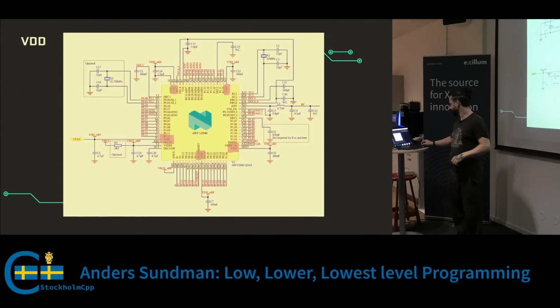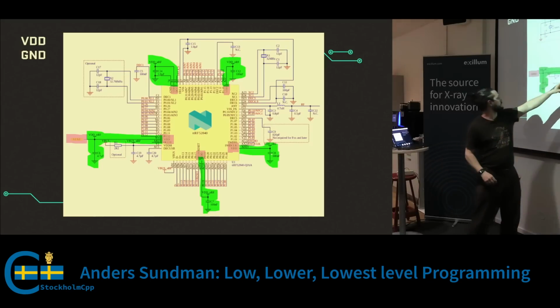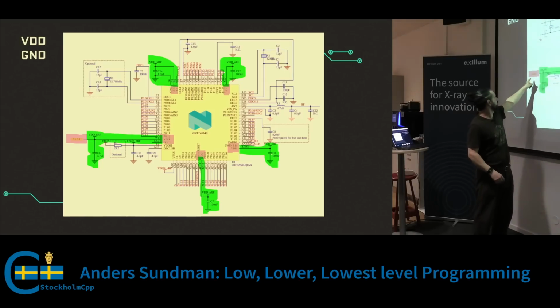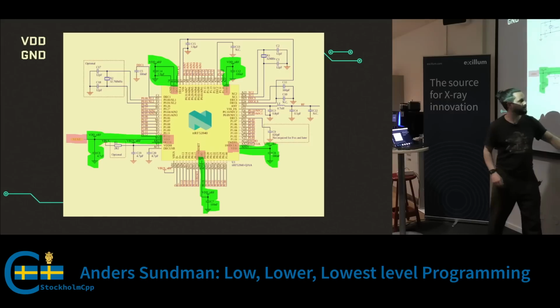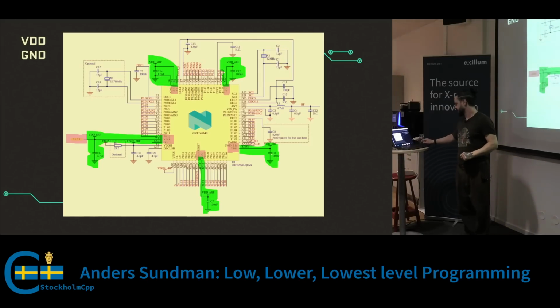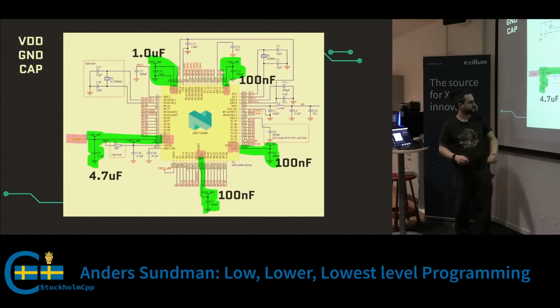And if you follow these, all of them have a similar pattern. They all go to some kind of voltage, but there's always a capacitor that goes to ground. You can see this one, there, there, there. All of them have capacitors. And these are the decoupling capacitors.